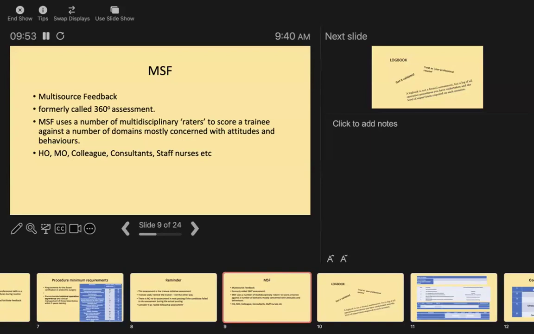If it's one unit, you can get an MO or houseman to assess this fellow, and then specialists and colleagues from other departments, like oncology and radiology, to assess whether there is an attitude and behavior issue. Right?